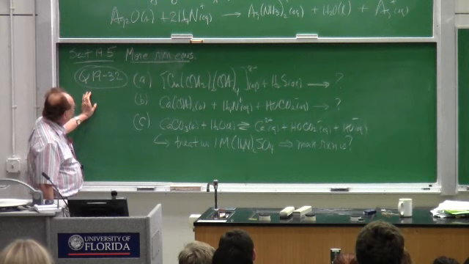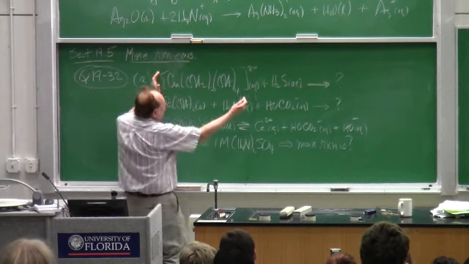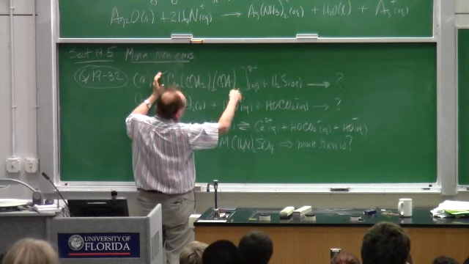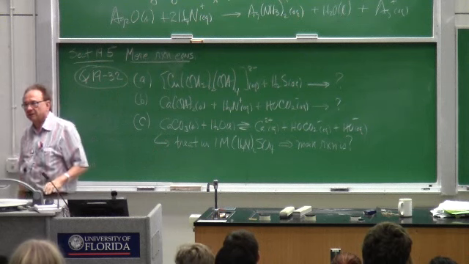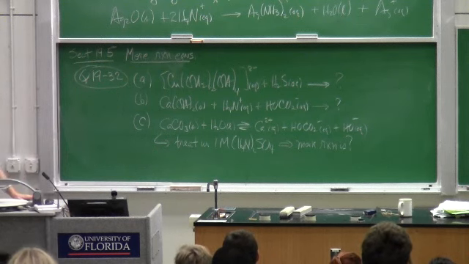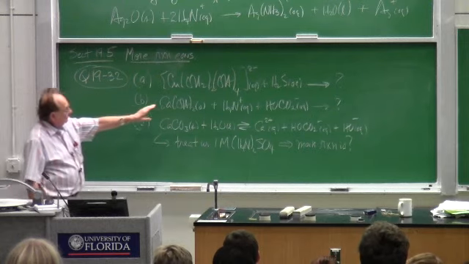Some systems. Cuprate ion. Now, if the cuprate ion exists, you see the formula here? If this ion exists, what do you think about the pH of the system? Let this thing talk to you. You've got a solution which contains this ion.